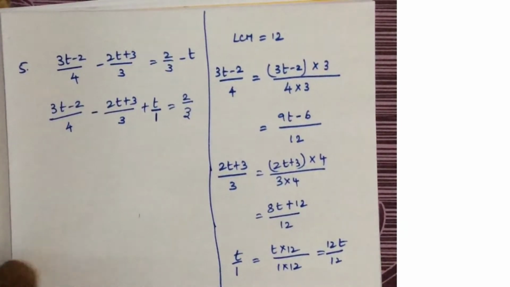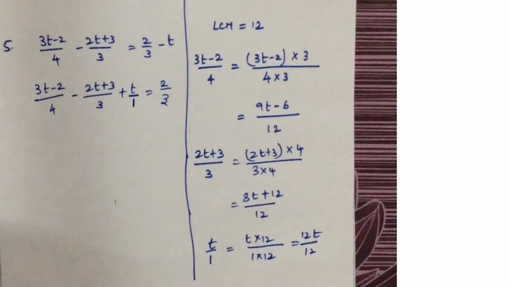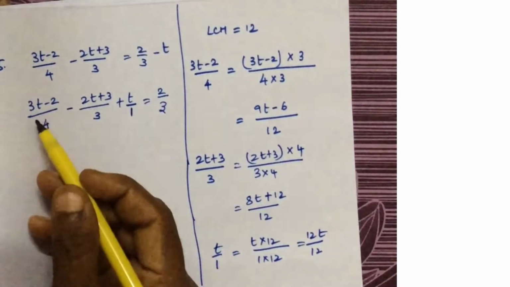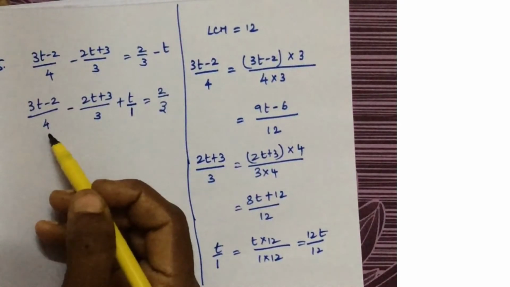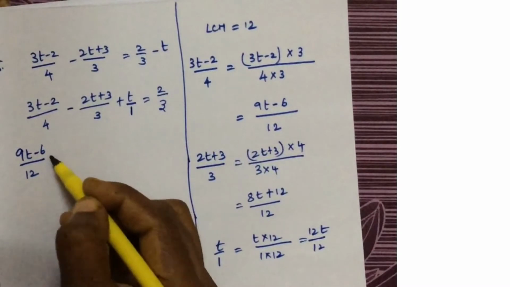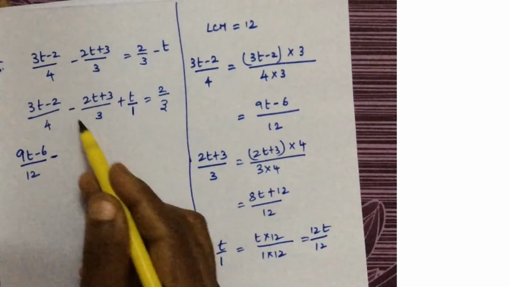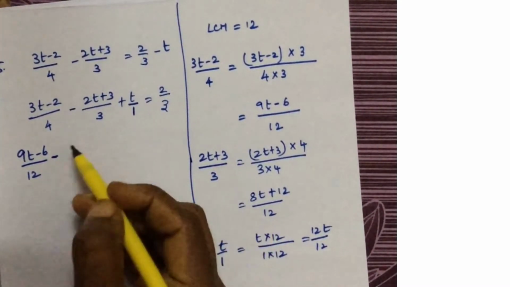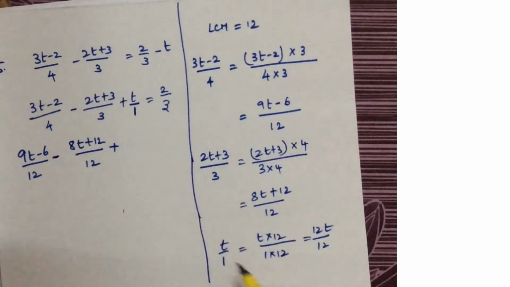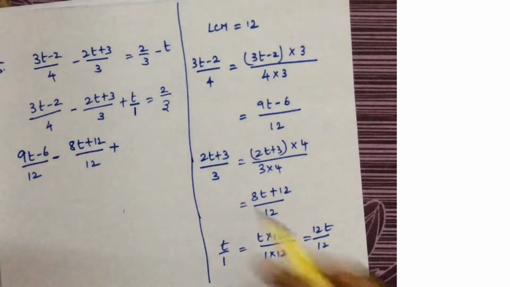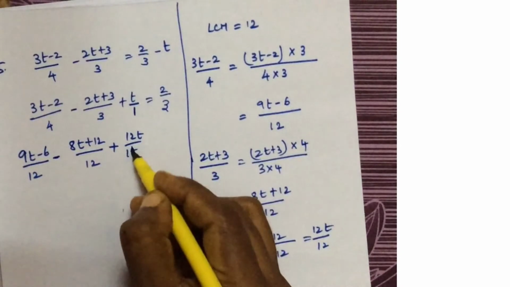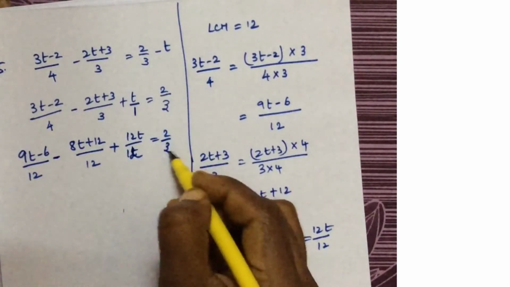Okay. Now, I am going to substitute this in the question. So, instead of (3t minus 2)/4, I am going to substitute (9t minus 6)/12 minus, instead of (2t plus 3)/3, I am going to substitute (8t plus 12)/12 plus, instead of t/1, I am going to substitute 12t/12, that is equal to 2/3.